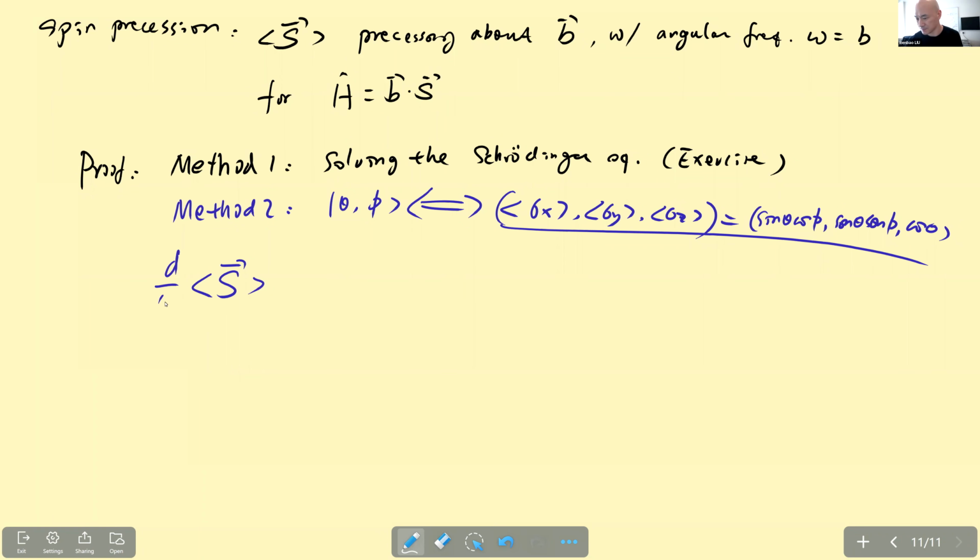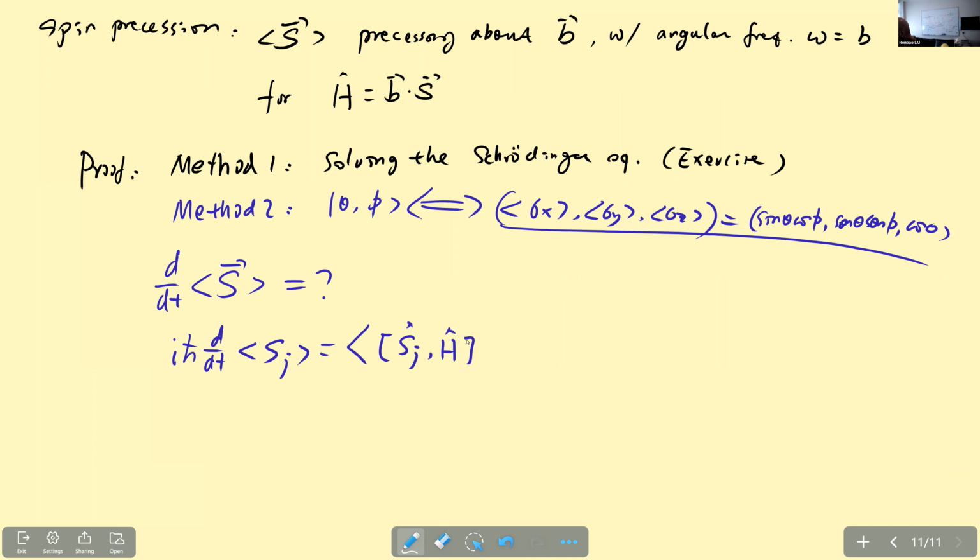Let's look at this. What is this? If you still remember what we learned a little bit before, probably you don't have a very strong impression, but we have determined that for any quantity, say for example Sj, the time derivative of its expectation value can be written as the average of the commutator of this Sj operator and the Hamiltonian, right? We used that to derive, for example, the Ehrenfest theorem.